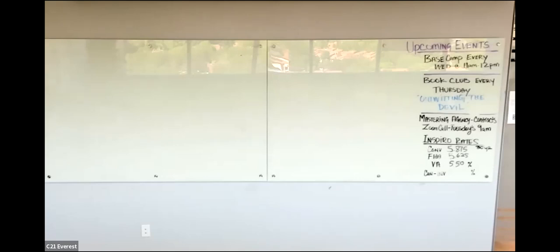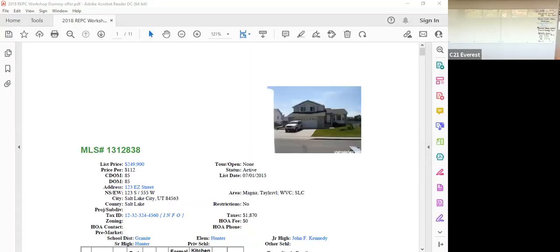Great. All right. So for you guys on Zoom, I will share the screen that shows it, but for what we're going to do right off the bat, you kind of need a printed copy.